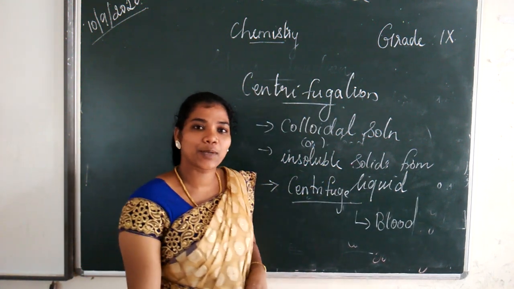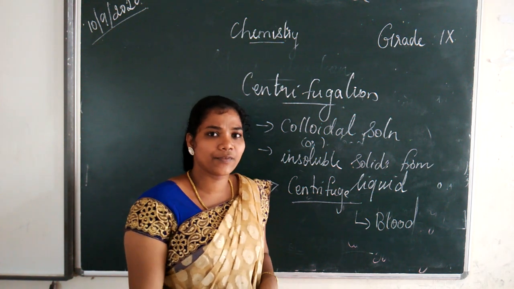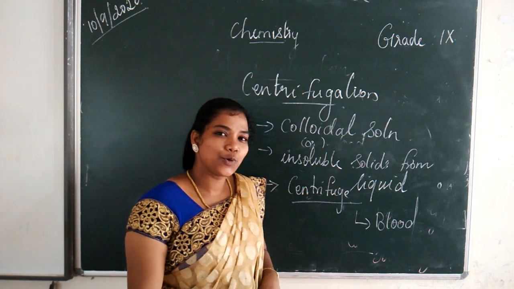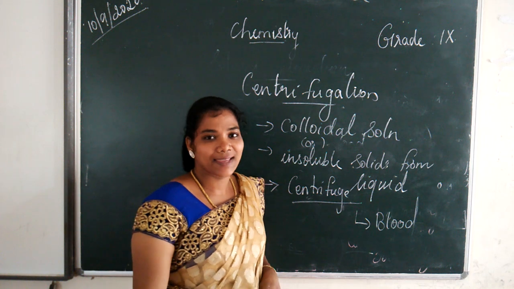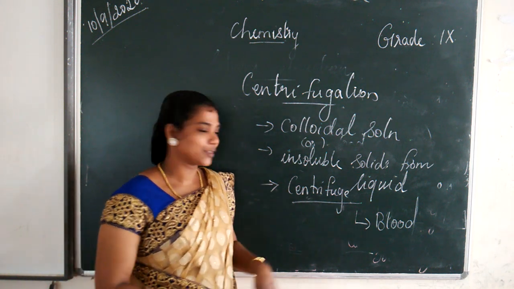You can see it in laboratories and hospitals everywhere, and it is mainly used there to separate the components from blood samples, urine samples, etc. If you get the chance, you can see it.